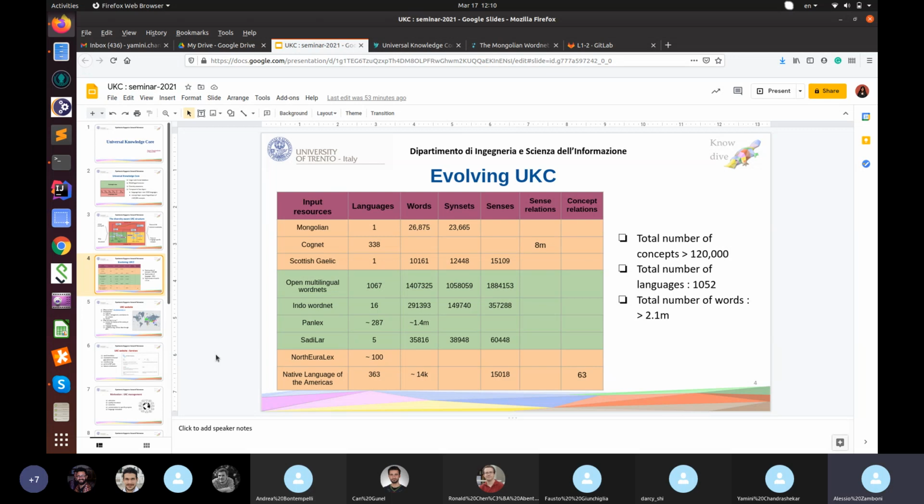Okay, and I imagine that there could be errors or things that are mismatching between the resources. Is that the case, or are they completely compatible with one another?